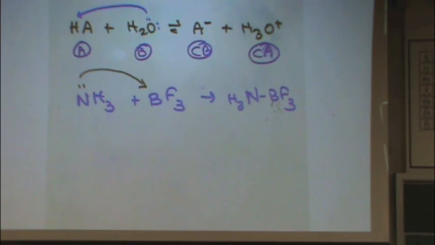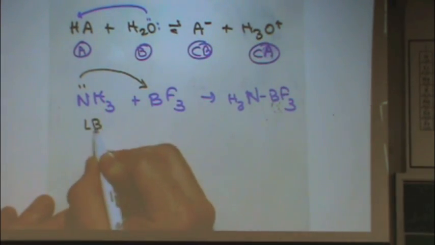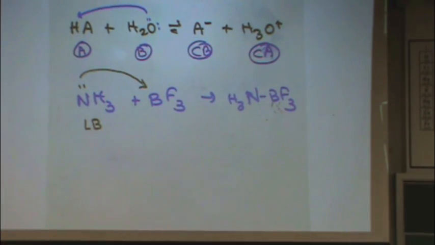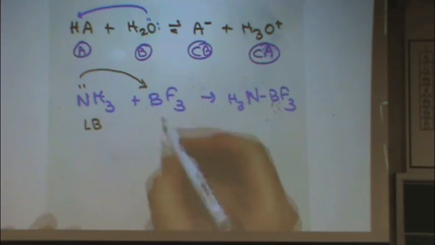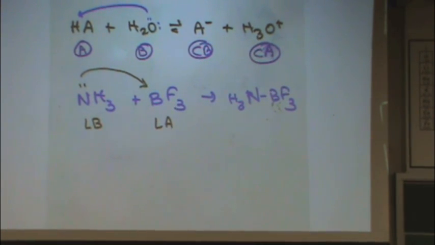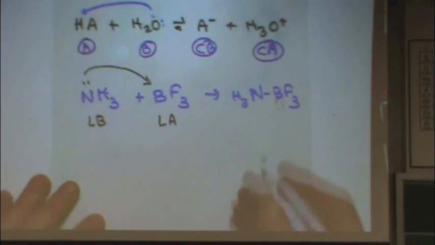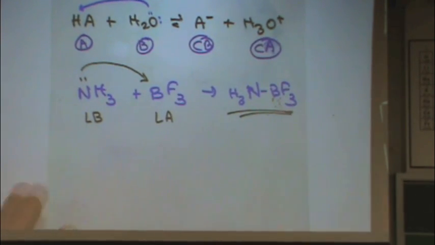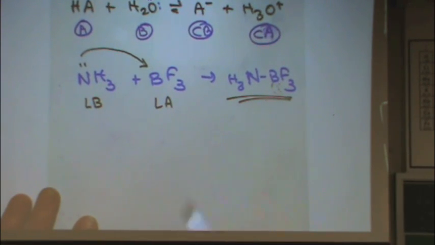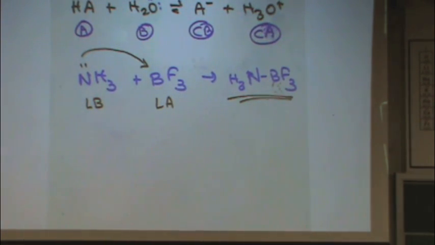It's donating that electron pair. So this would be called the Lewis base. Okay, because there's no exchange of protons, you have to use this definition. So this is the Lewis acid, this electron pair acceptor. This final compound wouldn't have a name. Okay? So we have a Lewis base and a Lewis acid. So you need to remember that the Lewis acid is electron pair acceptor. So it's easiest to find the Lewis base, typically.